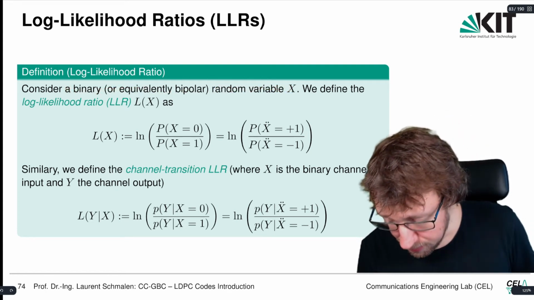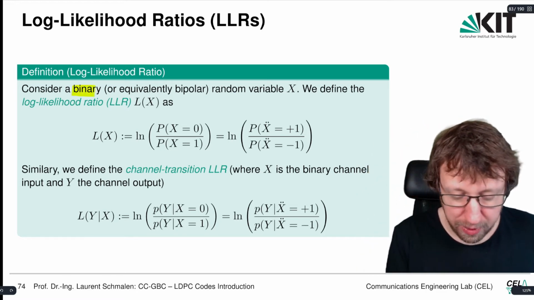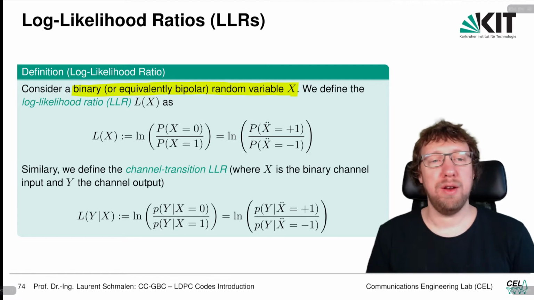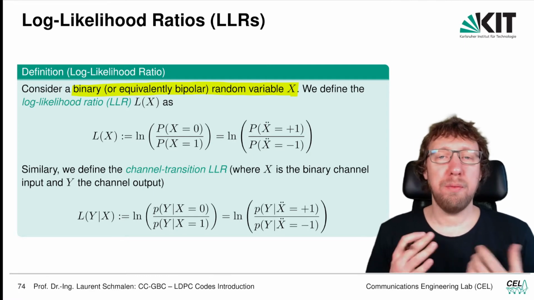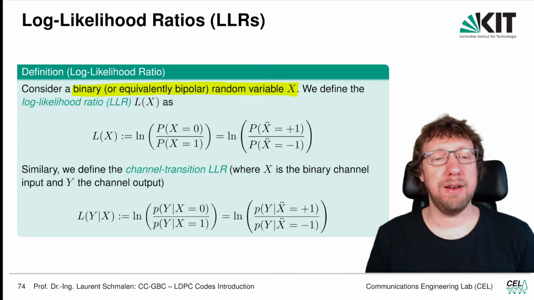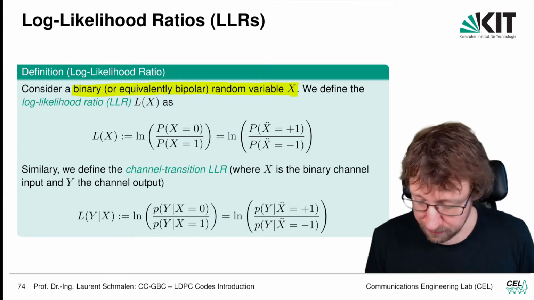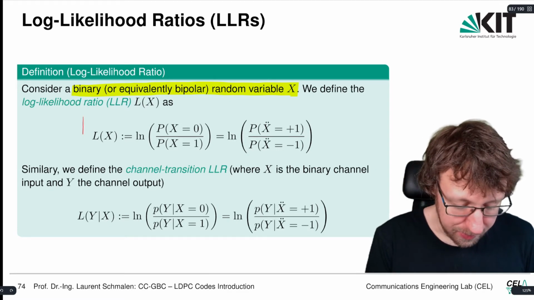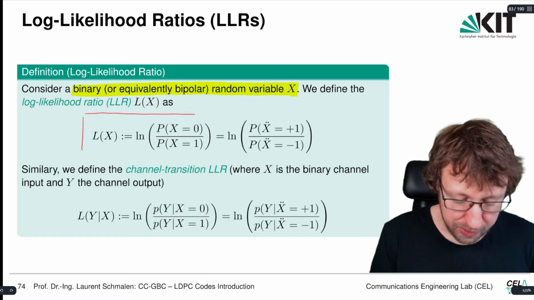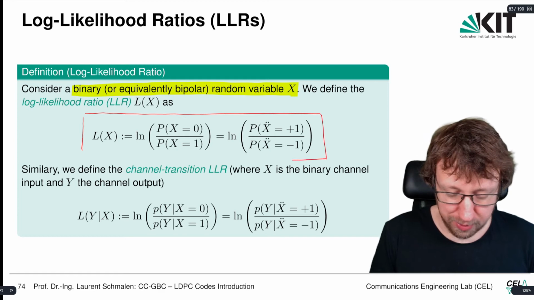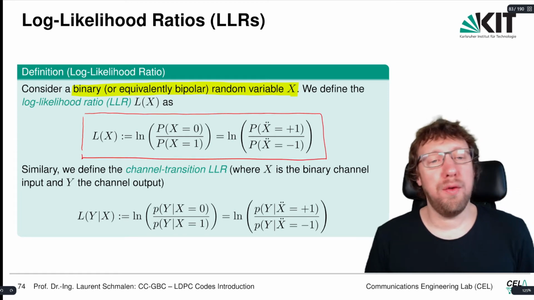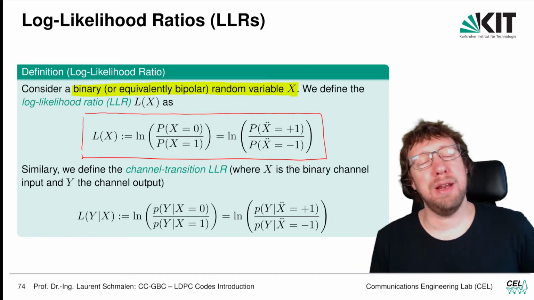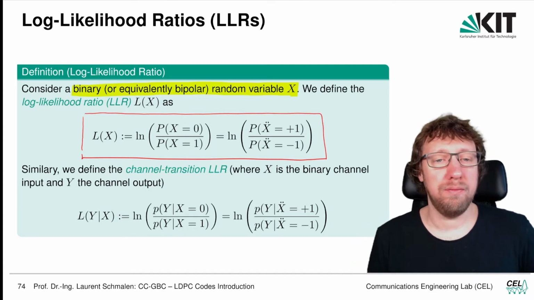So this is important. It doesn't work for any random variable, it just works for the specific class of binary random variables. For binary random variables, we can define the log likelihood ratio as follows. So the log likelihood ratio L of x is the logarithm, and we use the natural logarithm, so the logarithm to the base e, of the probability that x is equal to 0 divided by the probability that x is equal to 1.